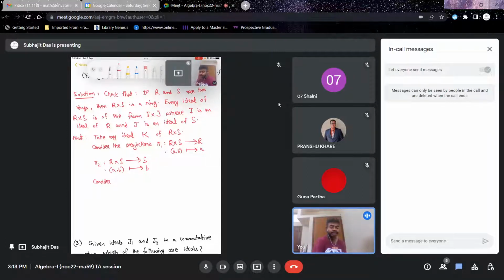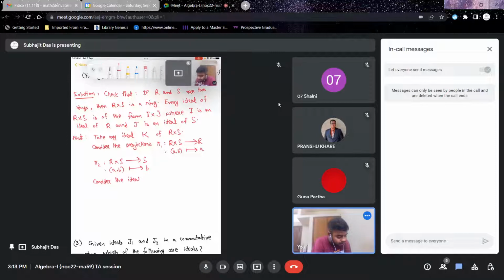So K is a subset of R cross S. It's an ideal of R cross S. And what you do is you consider the image of K under pi 1 and pi 2. So consider the ideals, I should say.